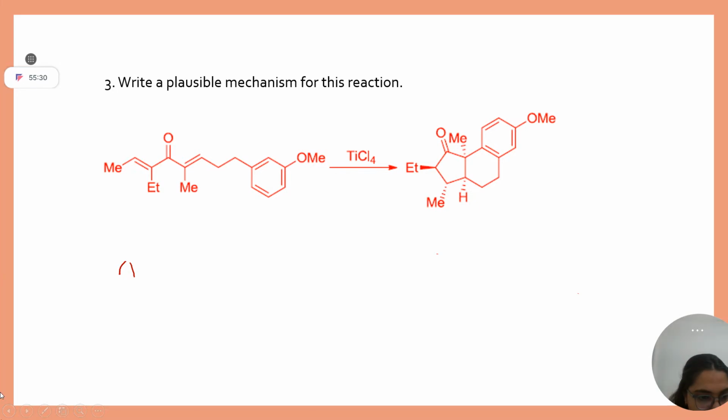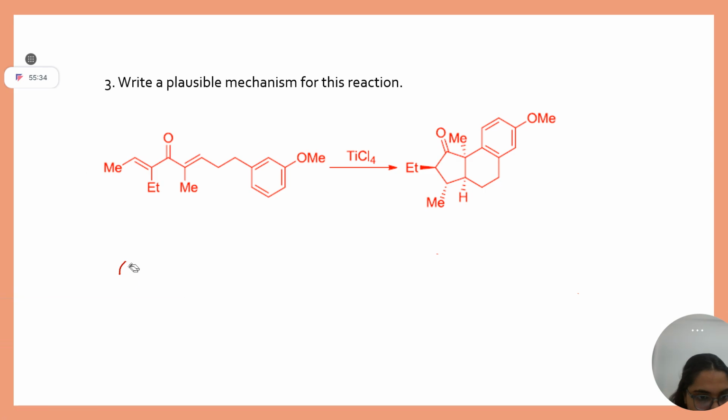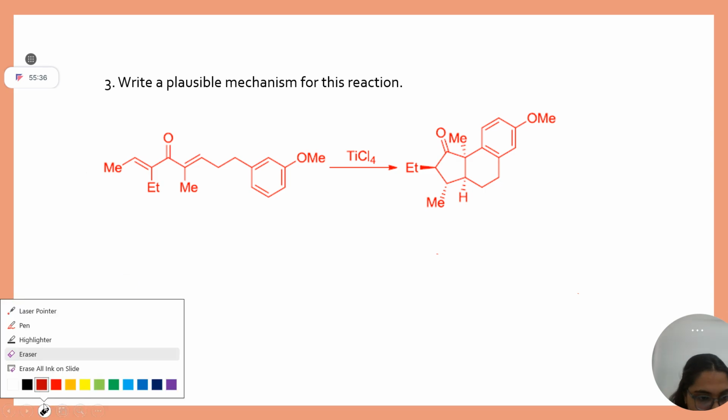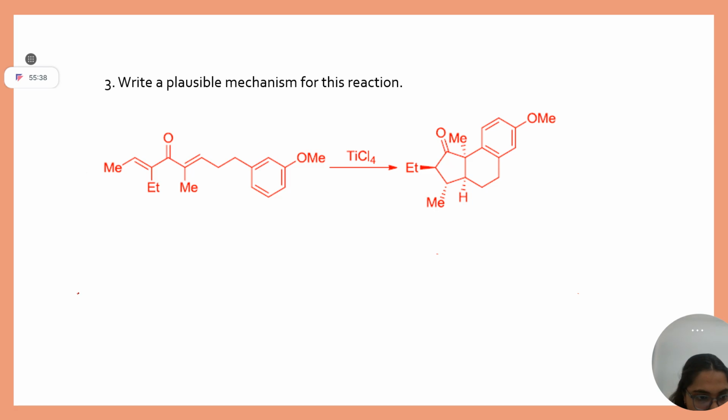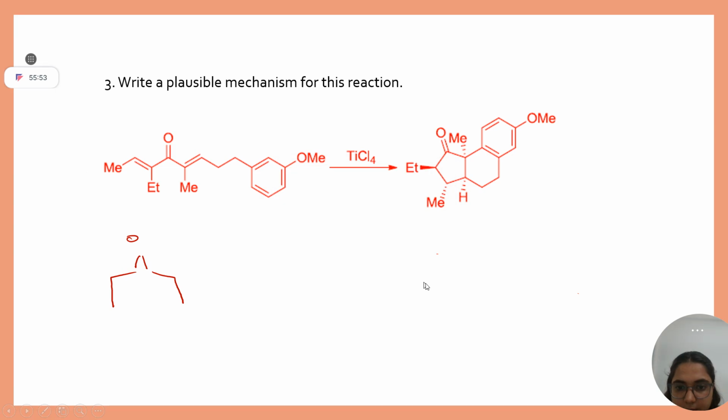You have to take the double bond, the carbonyl, and it produces positive on the left hand side. Wait, we have extra hydrogen. Can I draw it like this? Actually, the network is not working. Just let me check my network. This pen is not working.